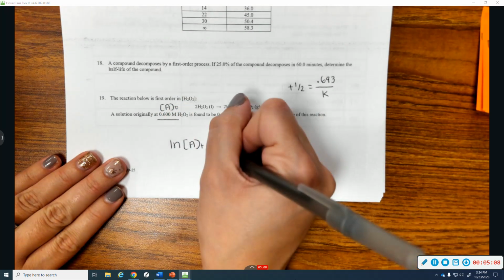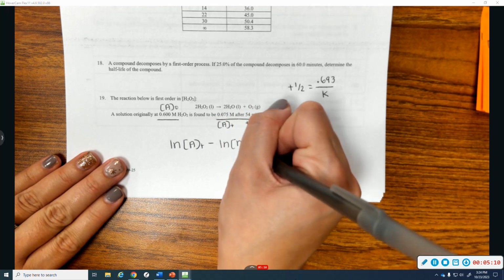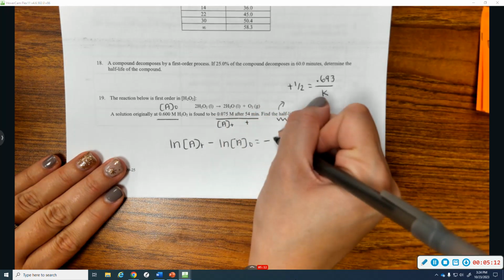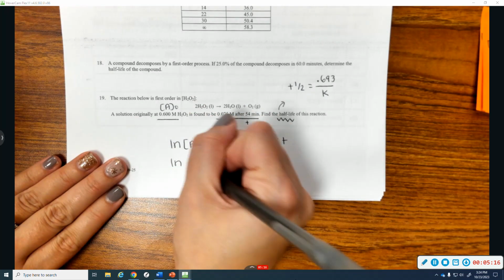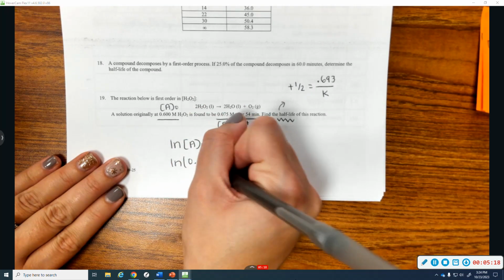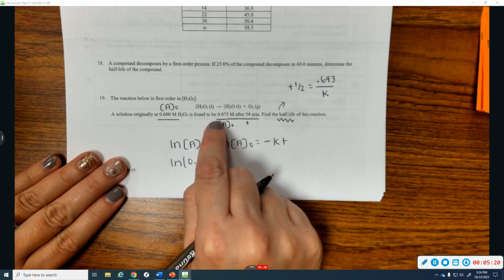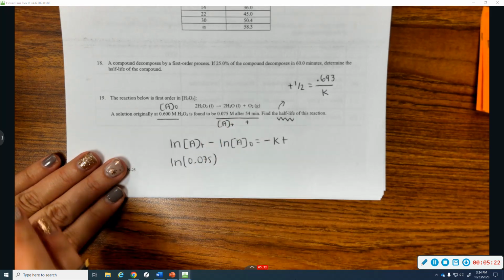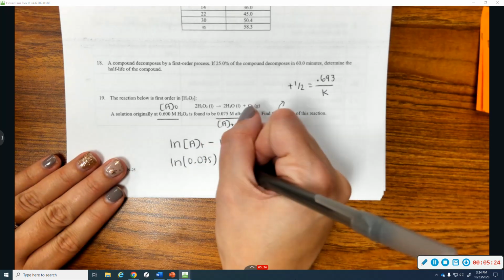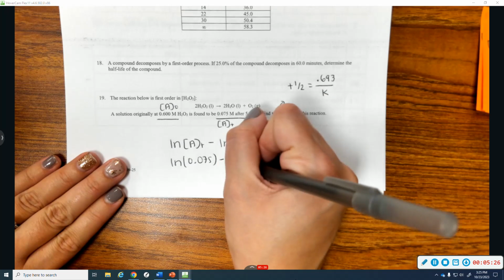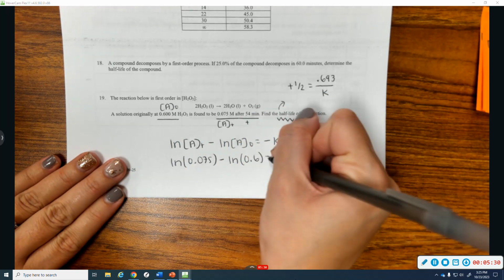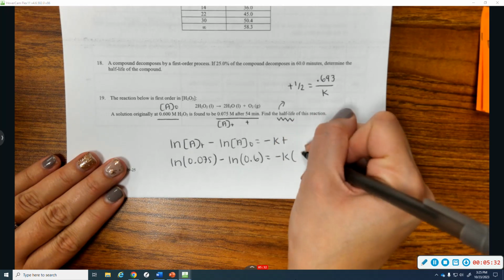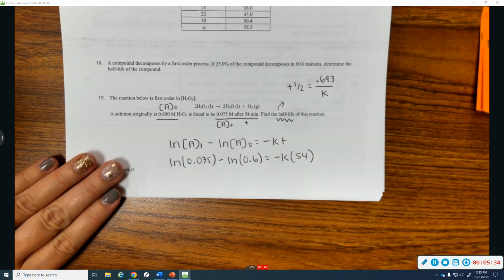Because it's first order, I know it's this integrated rate law, and I have everything. [A]t is 0.075. Now I have to natural log it because this is not natural logged. It's saying that's the concentration. Minus natural log of [A]0, 0.6, equals negative k times the time, 54.